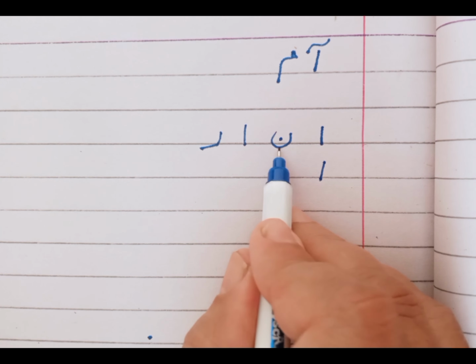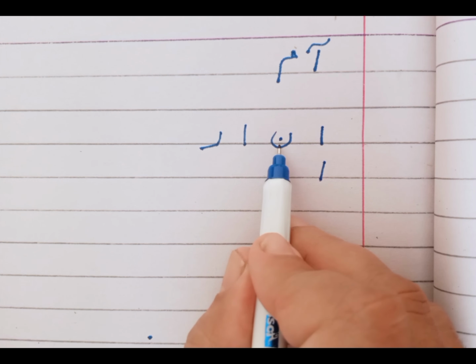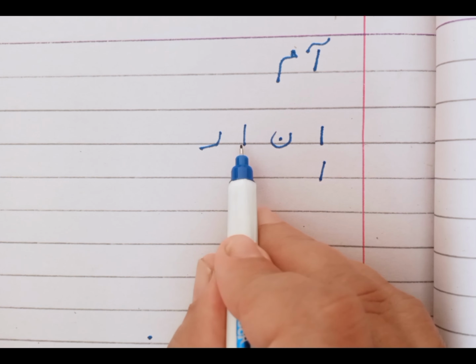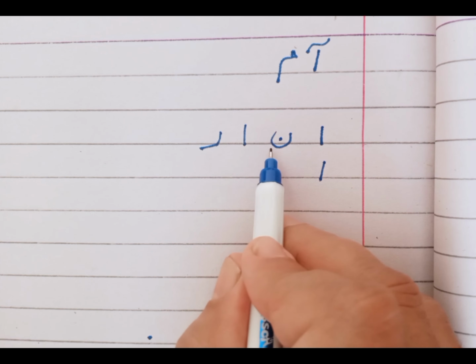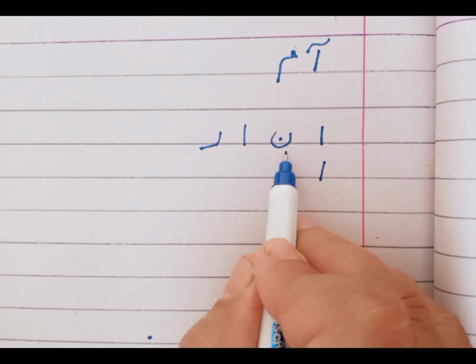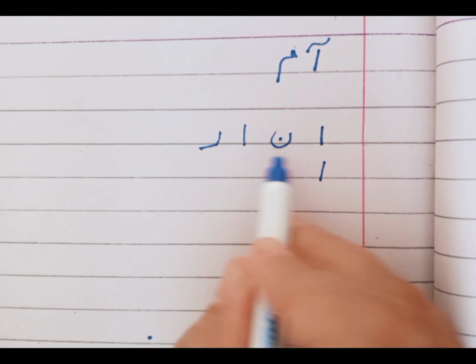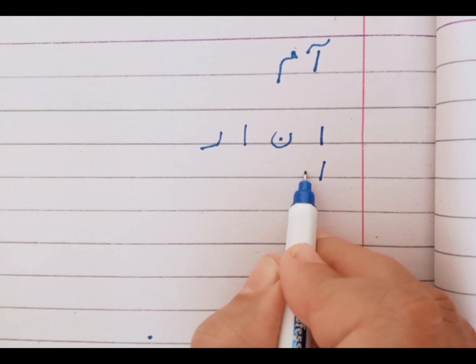So you will not join this Noon with the first Alif, but you can join this Noon with the second Alif. Why? Because this time this Alif is after Noon. That's why you can join. After Alif you cannot join any letter, and before Alif you can join any letter. So it means we can join these two letters together.